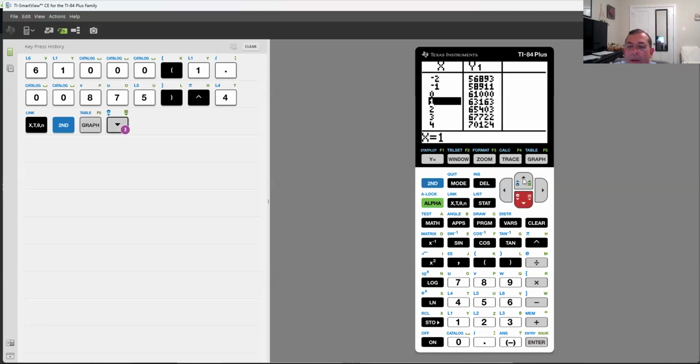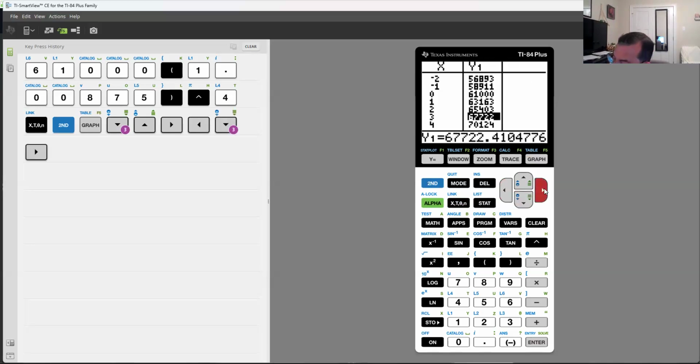And y'all let me go down here to, so my first value was 0. Well, at 0 years, if you look at the Y value, I got $61,000. And then next I had T equals 3. So let me go over here, arrow down to 3 on those X's. And at 3 years, I got 67,722. All right, next was 7 years.